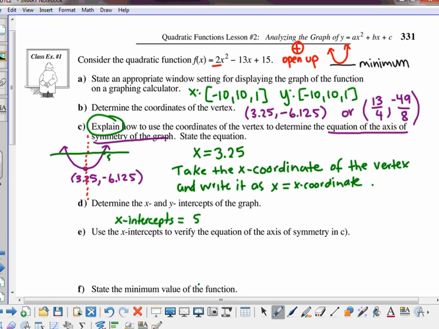Yeah. So what's the difference between 3.25 and 5? 1.75. So the other x-intercept is going to be 1.75 the other direction.